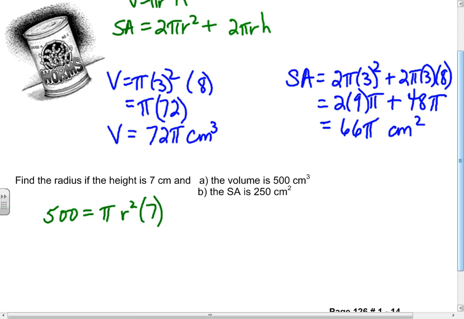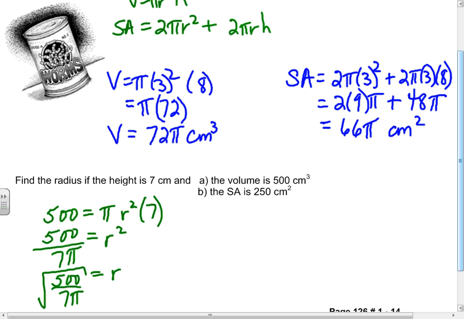So I have substituted the numbers in where they belong, and I am going to solve for the missing piece. I'm going to divide both sides by pi and by 7. So 500 divided by 7 pi would be my radius squared. And my radius would be the positive square root of 500 divided by 7 pi.